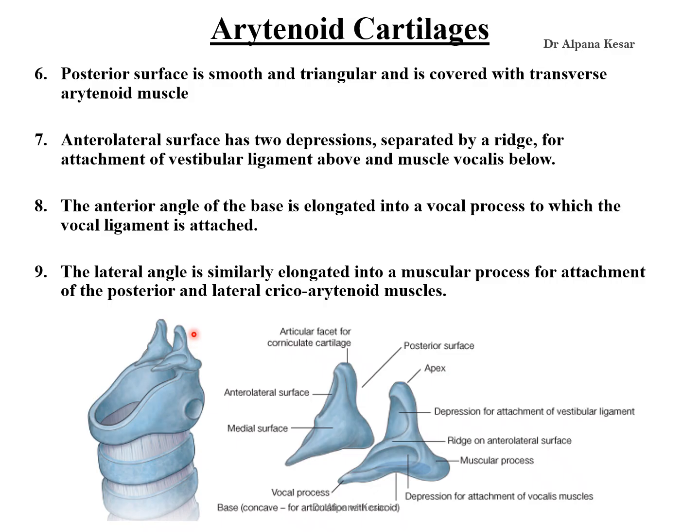The anterolateral surface has two depressions. These two depressions are separated from each other by a ridge. The depression above is for the attachment of the vestibular ligament, and the depression below is for the attachment of vocalis muscle.